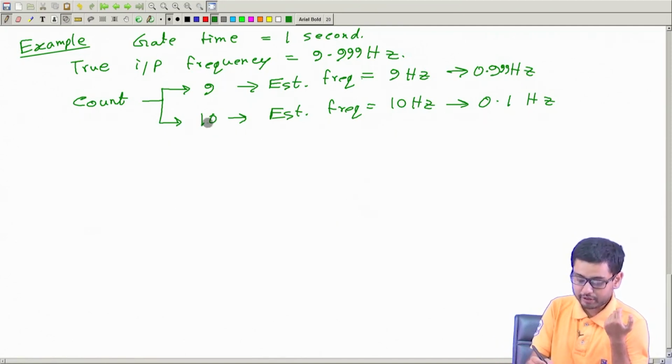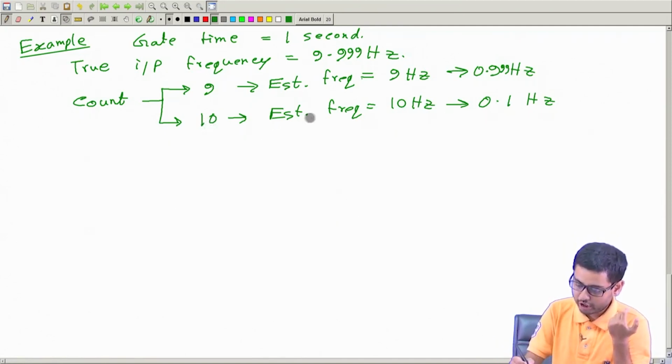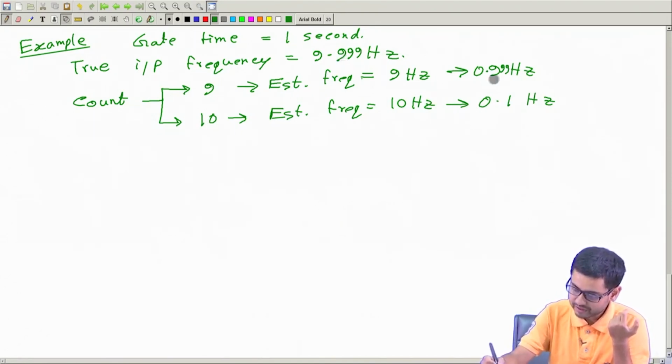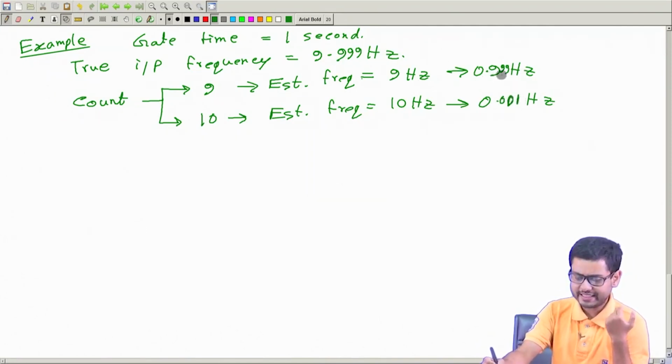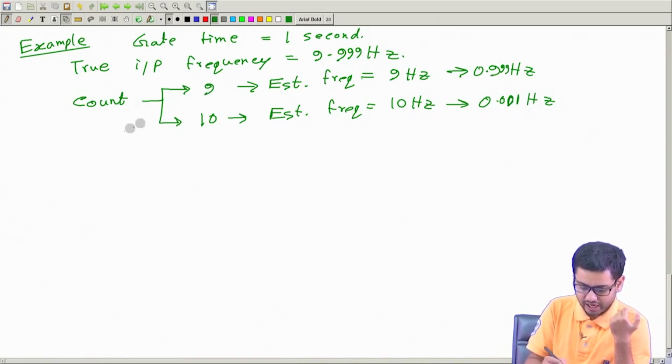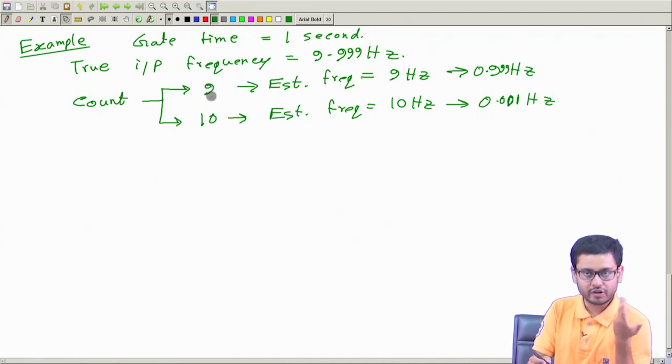And if the count comes out to be 10, then the error will be 0.001. Okay. So, in the worst case, we can have a count value which is almost 1 greater or less than the expected count.